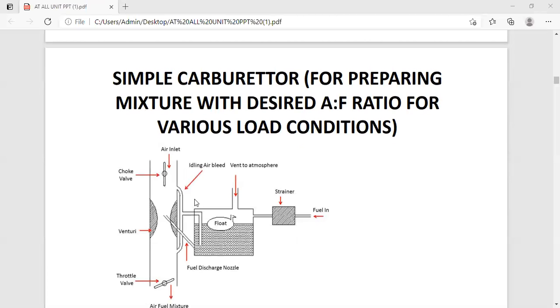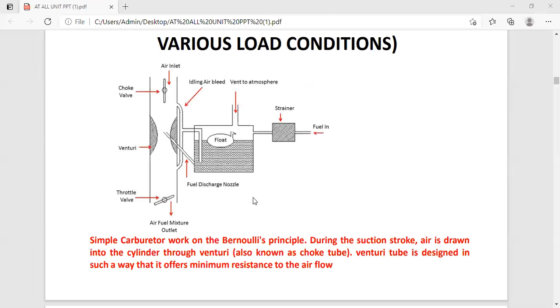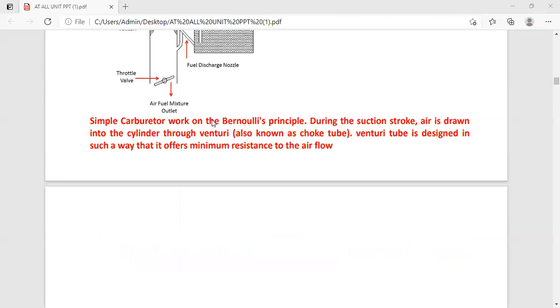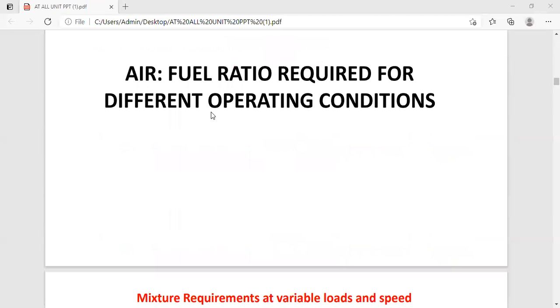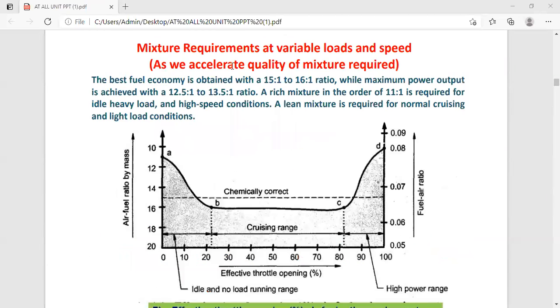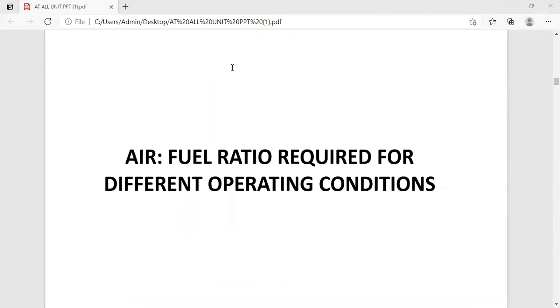We have seen the simple carburetor working, which works on Bernoulli's principle. So this is the simple carburetor we have discussed, and after that we are going to discuss the mixture requirement in the next lecture.